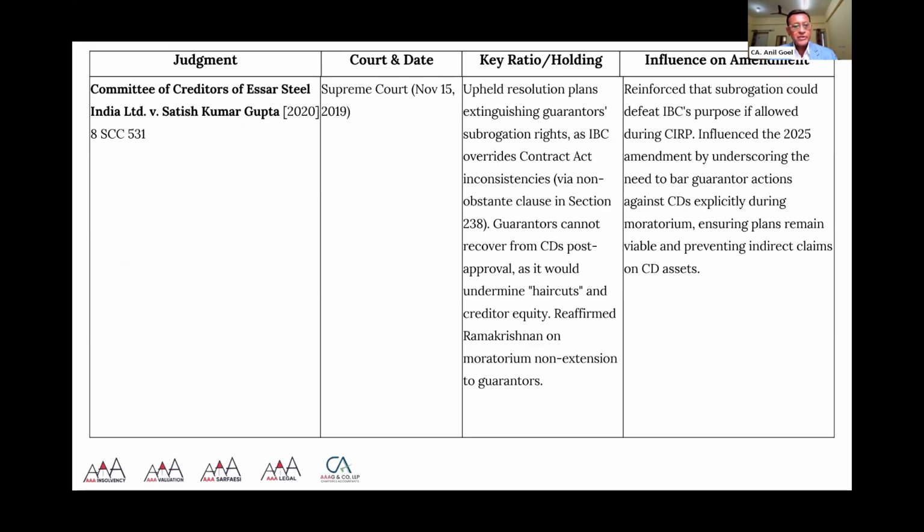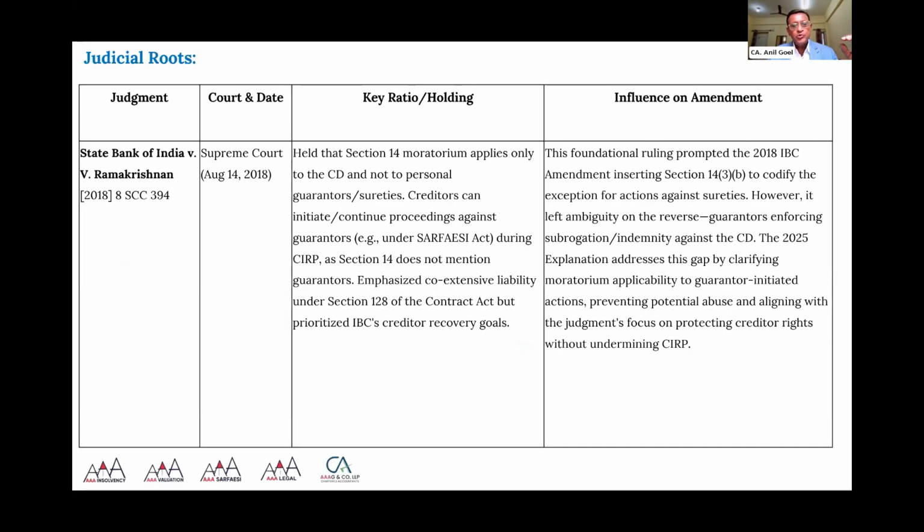Now, there were various judgments. Let us understand what the dispute is. In the case of State Bank of India versus V. Ramakrishnan, the Honorable Supreme Court held that the Section 14 moratorium applies only to the CD and not to the personal guarantors or sureties.